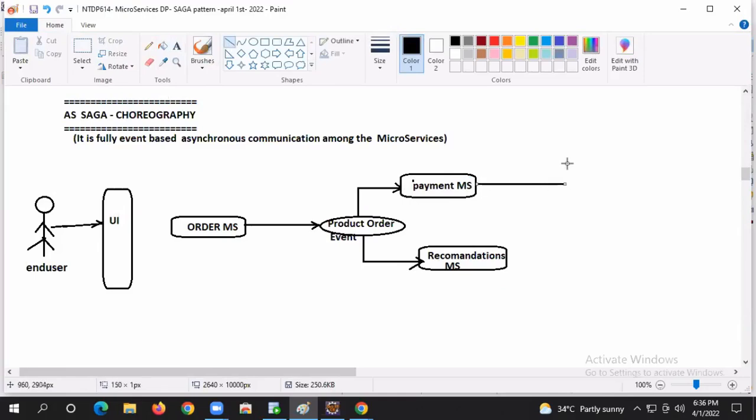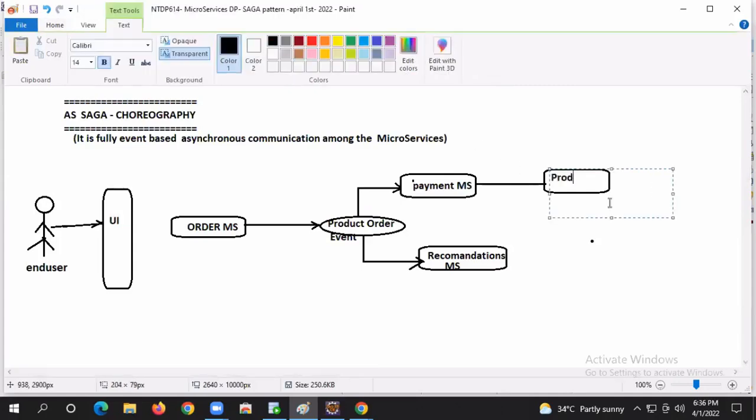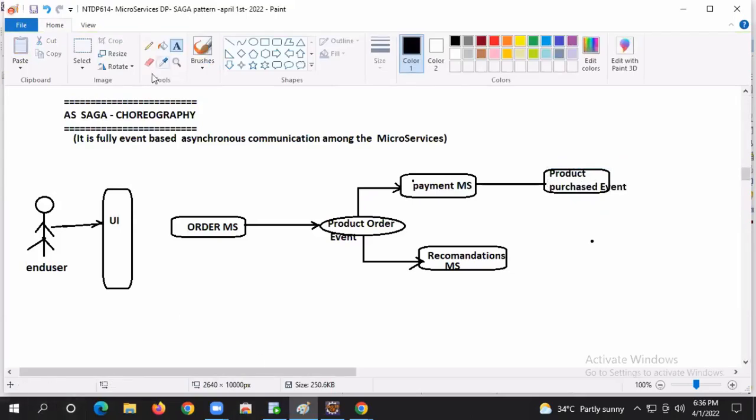Product purchased event. If payment is successfully done, the product purchased event will be raised or not. Come on, guys. Product purchased event.